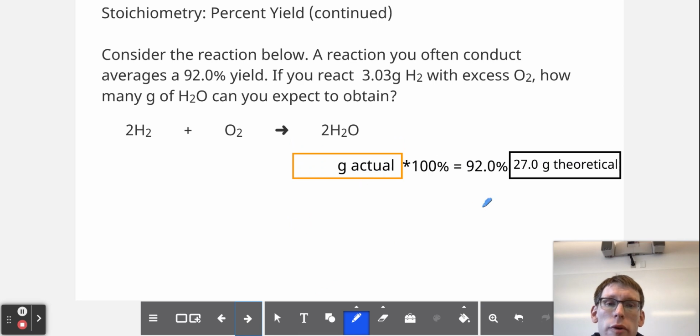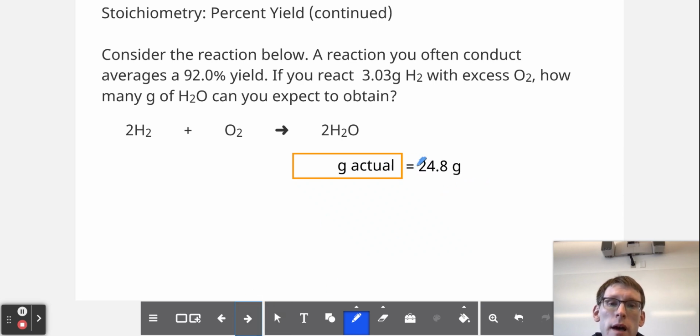Well, I can bring over our theoretical yield and divide out the 100% on both sides, and that will give me apparently 24.8 grams as my actual yield. So if everything had gone perfectly, my 3.03 grams of hydrogen would have afforded us about 27 grams of water. However, instead of getting 27 grams of water, I got about 92% of that, which is 24.8 grams of water.